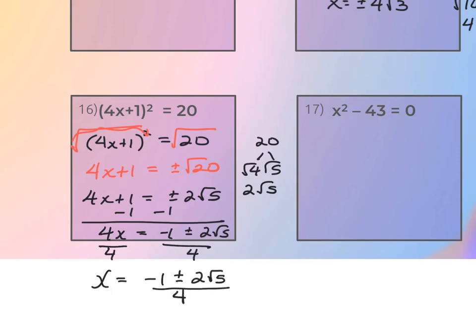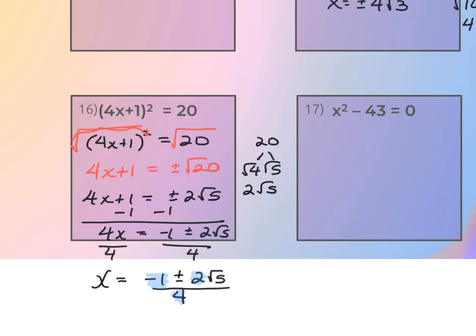Now, don't be tempted to try to simplify the 2 and the 4. If you're going to reduce any of the fractions, you need to be able to reduce the 4 and just make sure you can simplify with both numbers that are outside of the radical. So because I can't simplify the 1/4, I'm going to leave the 2/4 alone.